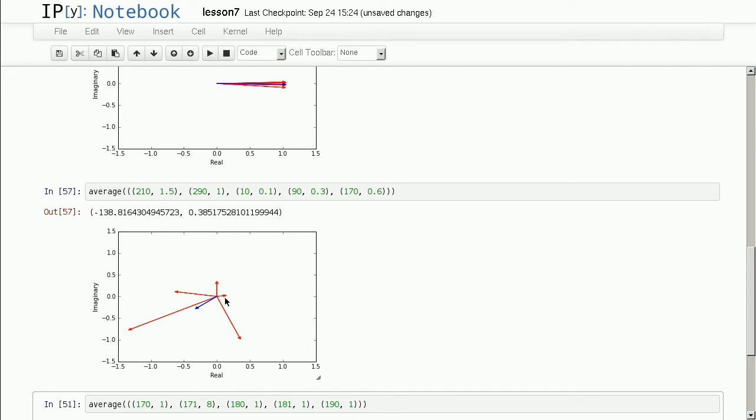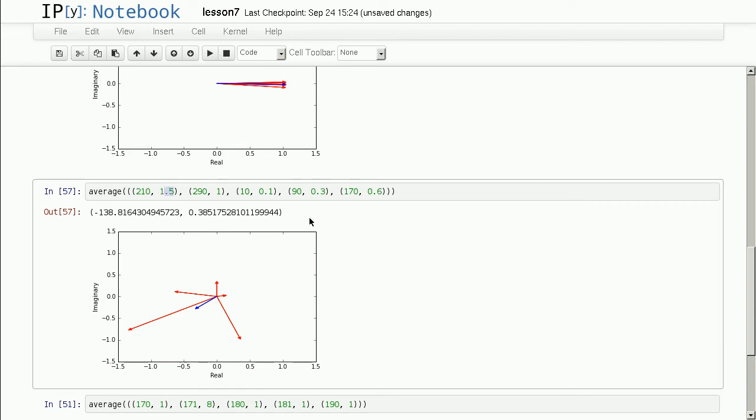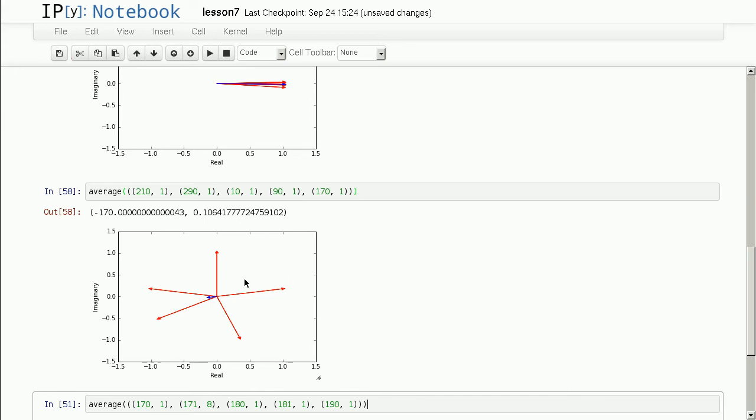Now you can see if these different wind measurements had different speeds, then the preponderance of the wind, or the average air motion, is in this direction of the blue vector here. But if these all have the same speeds, or if we have no speed information and we just have to assume that they're all the same, then we end up here with all of these input vectors at the same distance from the origin, but the output vector is very, very weak and in a slightly different direction.